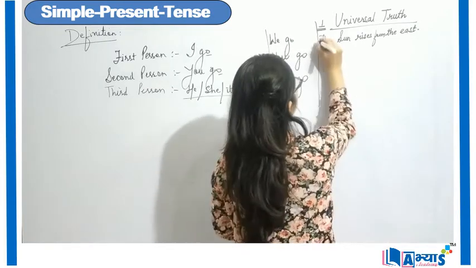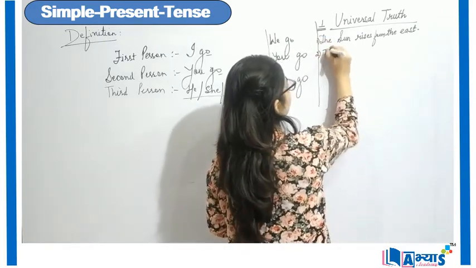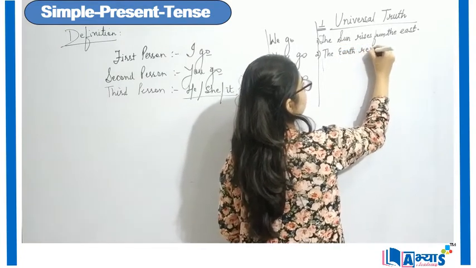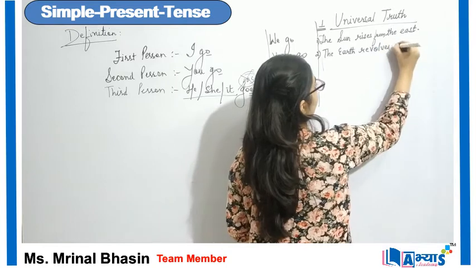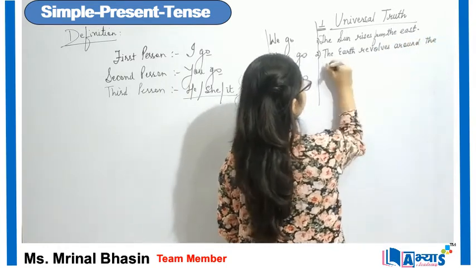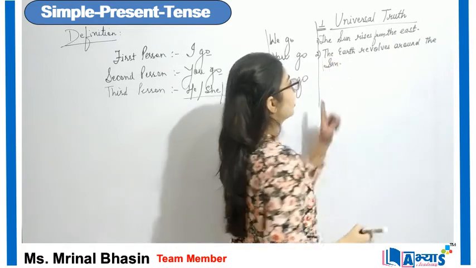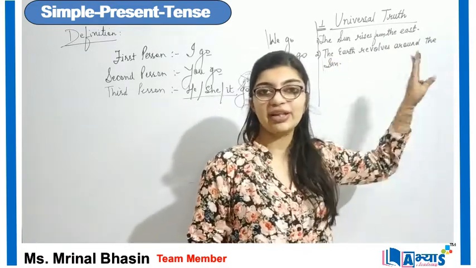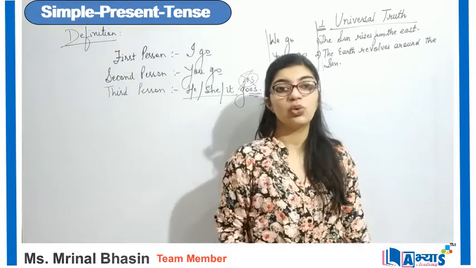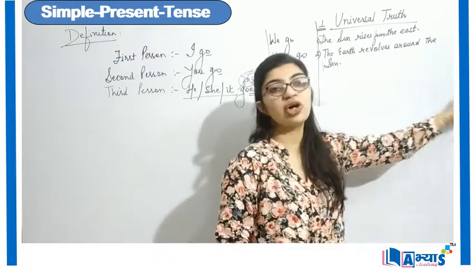Or another example is, the earth revolves around the sun. Now this is a universal truth. Can earth ever revolve around planet Jupiter? No. The earth always revolves around the sun.